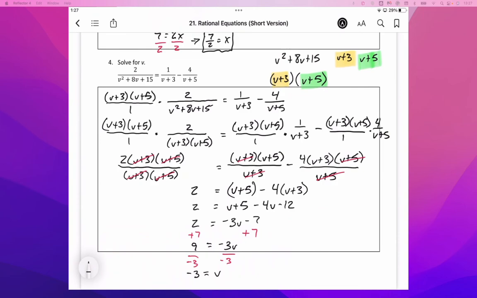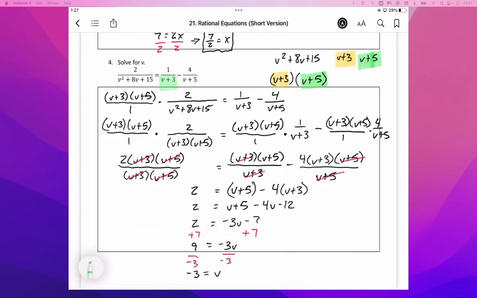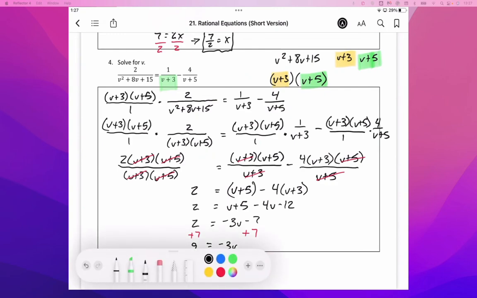Now it's important, as we've mentioned in previous ones, to check and see if that is a viable solution. And in this case, that is not a viable solution, because if I put negative 3 in that denominator, it would make 0 in the denominator, and we can't have that.